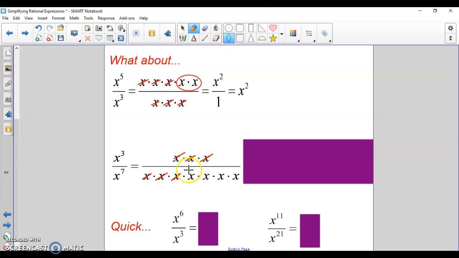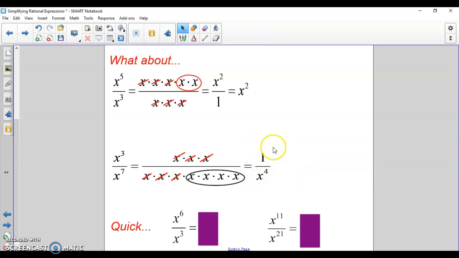I happen to be left over with 4 x's on the bottom, and so it's a 1 up top since nothing's left up top. I need that placeholder, and then an x to the 4th on the bottom. That 1 needs to stay up top though, so that's your final answer there.